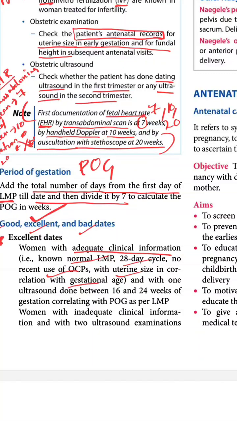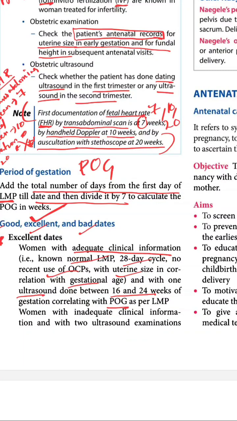So these 4 points are very important to say it's an excellent date. Okay, like a normal 28-day cycle LMP is noted, and with no recent use of OCPs, and the uterine size is correlated as same as the gestational size, gestational age, and with one ultrasound done between 16 and 24 weeks of gestation correlating with POG as per LMP.